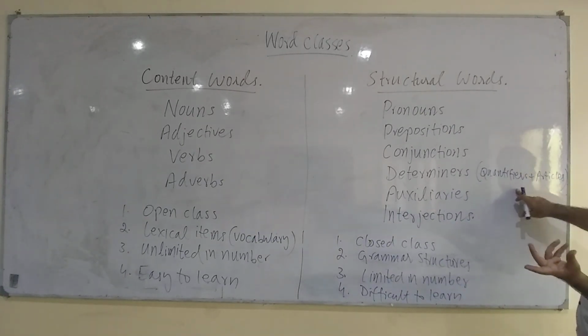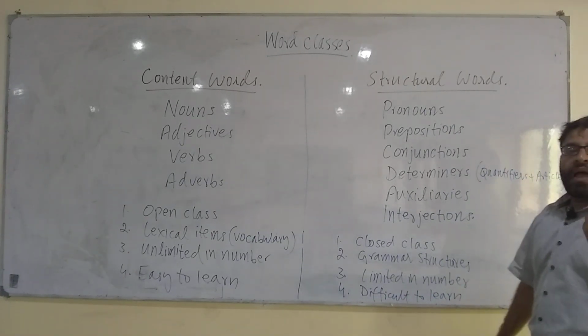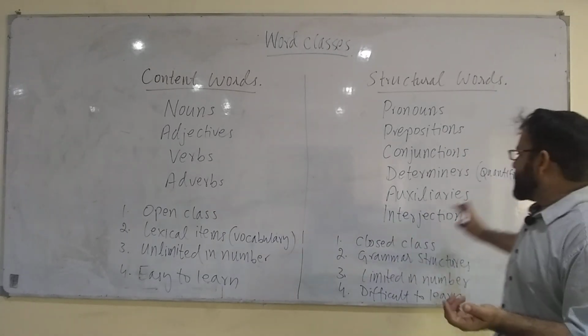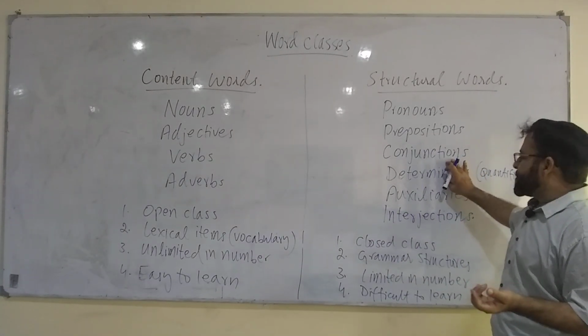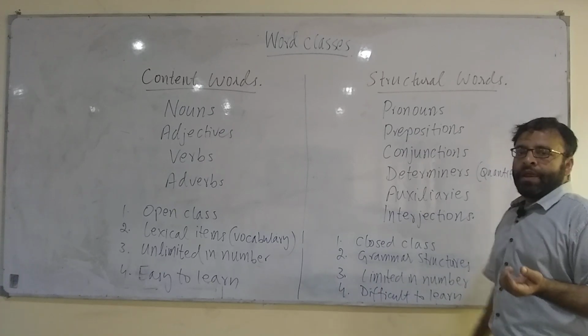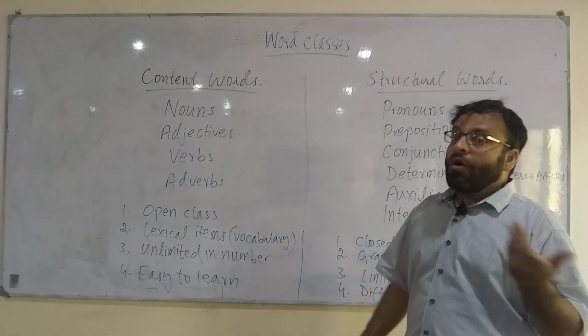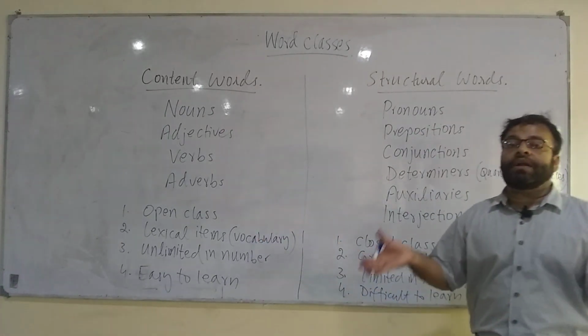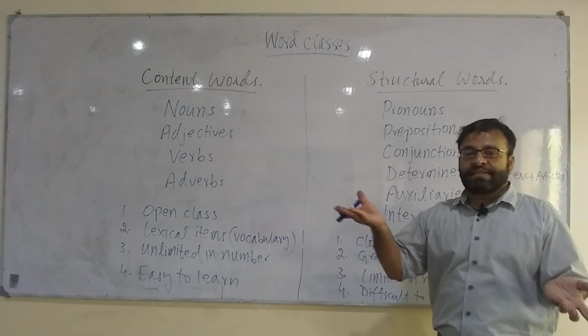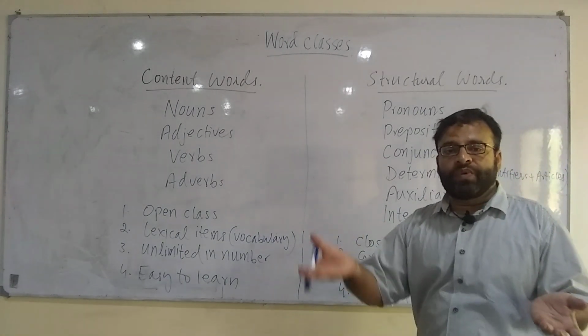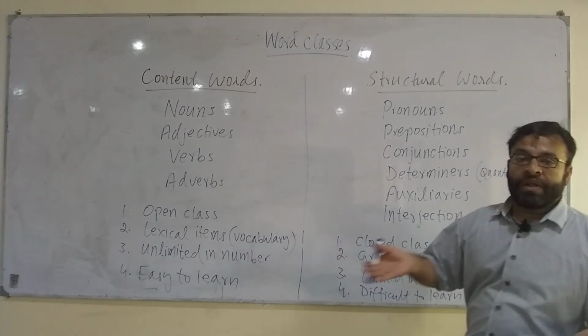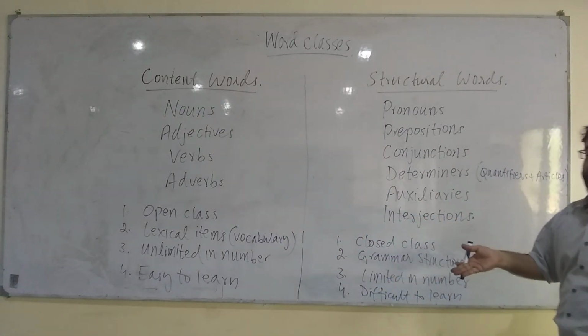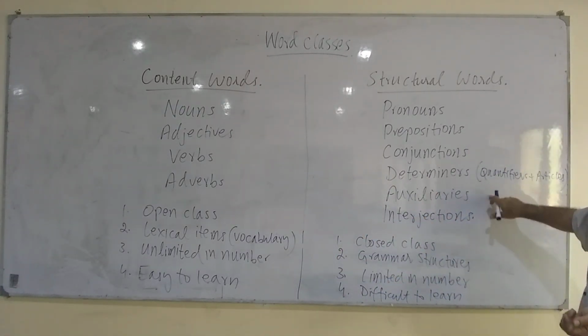Articles are a and the, and they come under determiners. Auxiliaries, in simple terms, are called helping verbs: is, am, are, was, were, do, did, does, has, have, had. So they are helping verbs, auxiliaries.